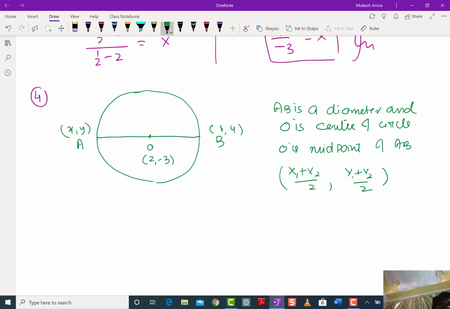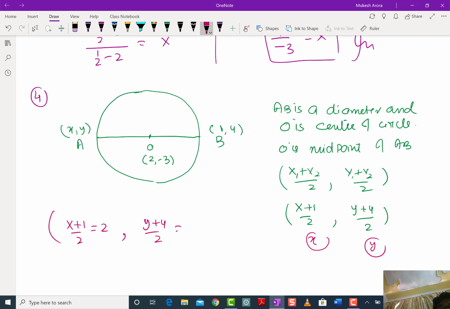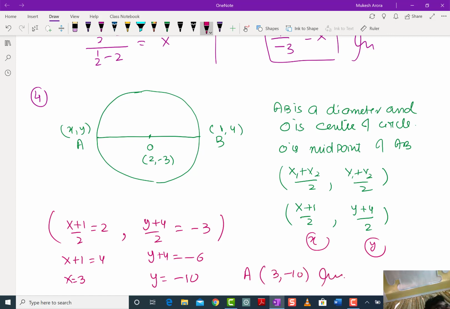You can take any, and this is x plus 1 by 2, comma y plus 4 by 2. This represents x and this represents y. x plus 1 by 2 is equal to 2, comma y plus 4 by 2 is equal to minus 3. So x plus 1 is equal to 4, x is equal to 3, y plus 4 is equal to minus 6, and y is equal to minus 10. So the coordinate of A will be 3 and minus 10. This is our answer.